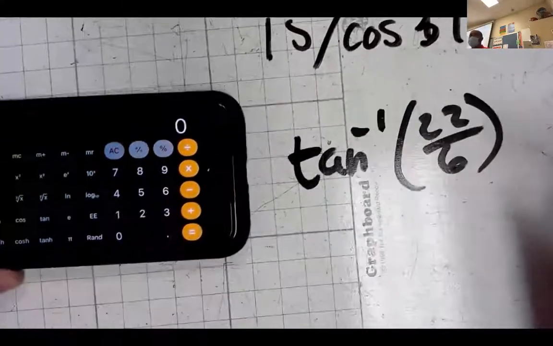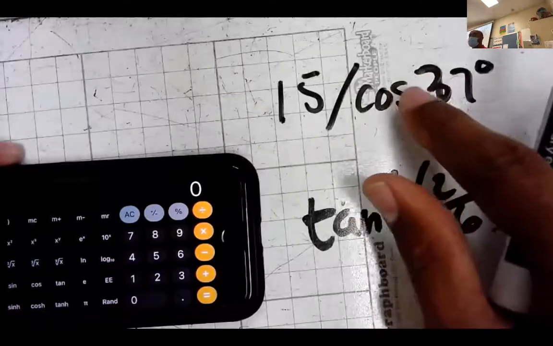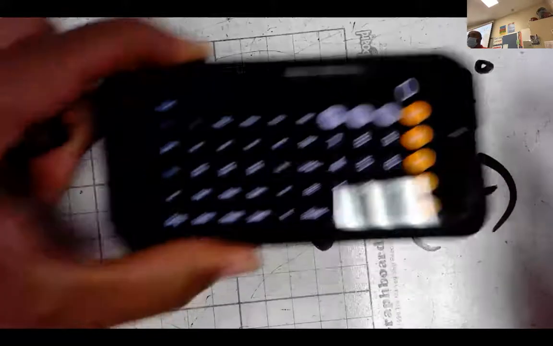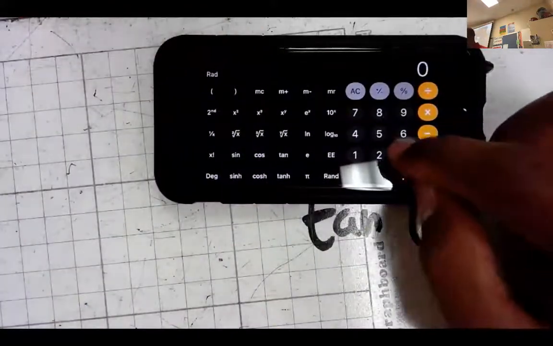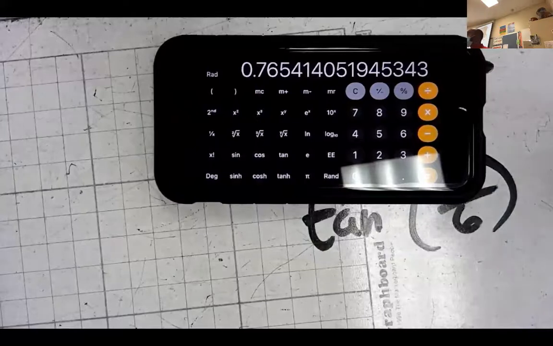When you do this on a phone calculator, you need to do the sine part or cosine part first. So what I want to do is hit 37 cosine. Then I have to take that number, basically write it down in my head, and do 15 divided by that.